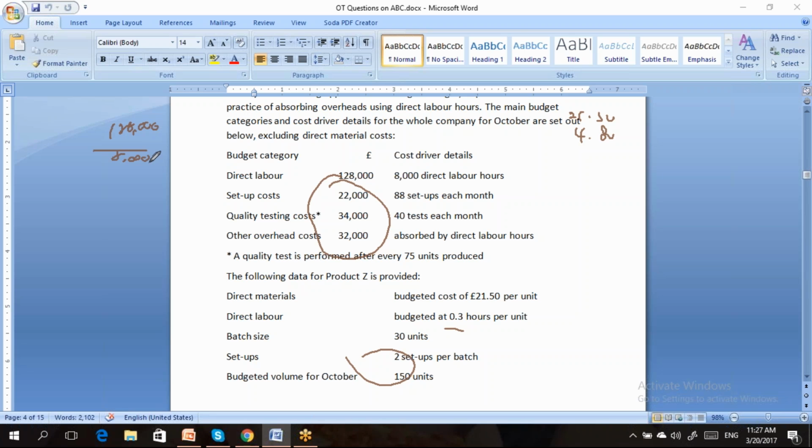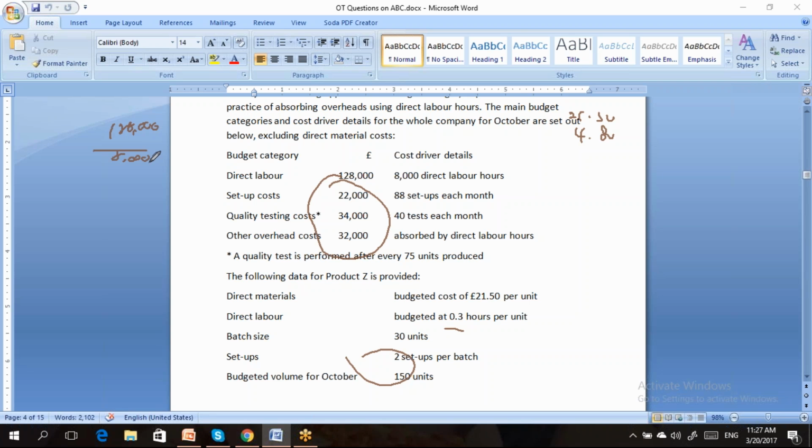Rightly you had done it, but something has upset you. 32 was that other overhead cost, absorbed by direct labor hours, so I thought it has to be. Yeah, but under absorption costing, everything is overhead. Setup is overhead, quality is overhead, other overhead is also overhead.